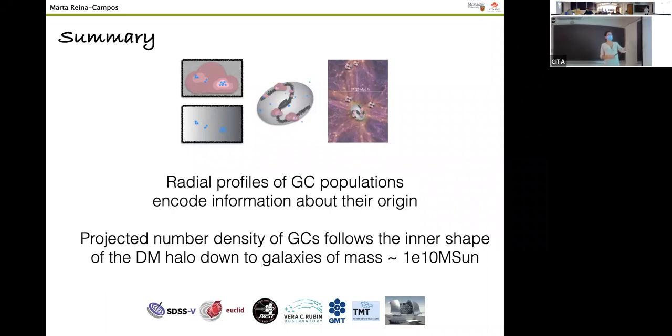I've shown that the radial profiles of globular cluster populations can encode information about their origin. And we have this tentative project suggesting that we can use just the projected number density distributions of globular clusters to trace the actual shape of the dark matter halo, which I think is quite cool, especially given the amount of data that we'll be able to use from now onwards. And that's me. Thank you.